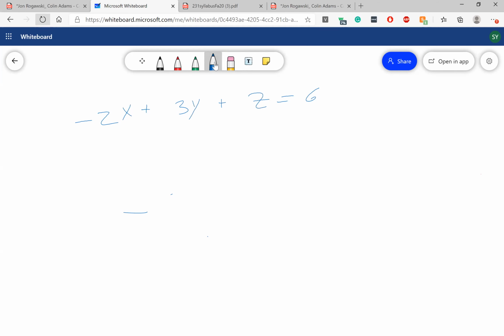Okay, so this is the plane that we're looking at, and they want us to look at the traces in the different planes. So here's x, y, and z. One of the traces happens when y is 0 and z.